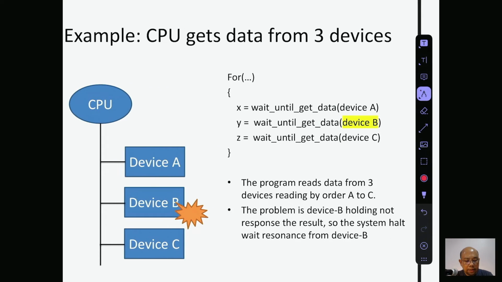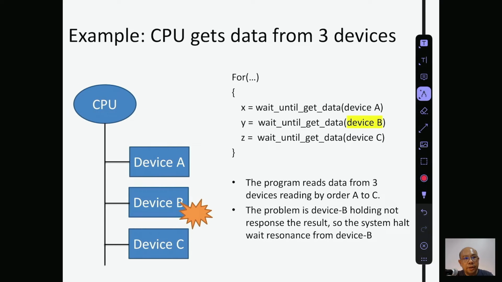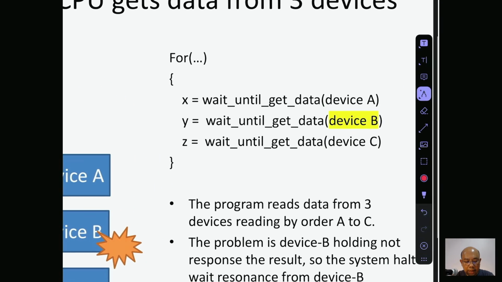Okay, here is an example. In this example, I have three devices, device A, B, and C, connected to the CPU. And I suppose I write the code here, like an algorithm. In this algorithm, I have variables x, y, z, and a function wait until get data.